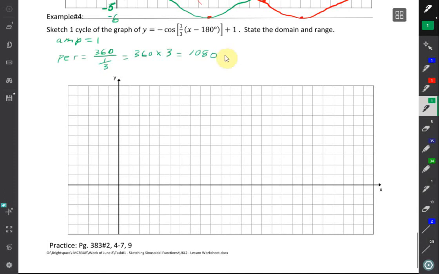1080. Once again, we were asked to graph one cycle. In order to graph one cycle, I need to know first of all that the axis is y equals 1. And then I'm going to take the period, which is 1080, and I will divide that into 4 parts.